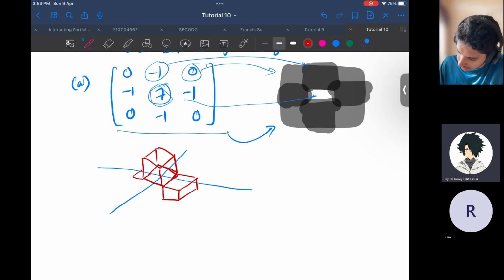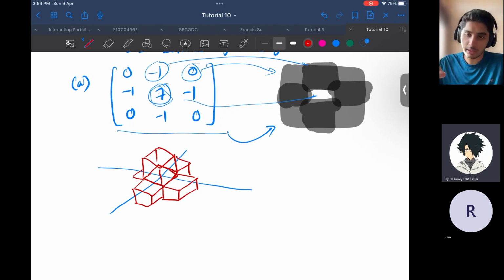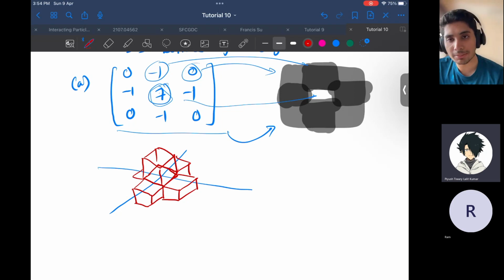What I'm trying to say is that the middle value is suddenly high, the edge values are suddenly very low, and the corner values are in the middle. Something like this can never capture an edge.